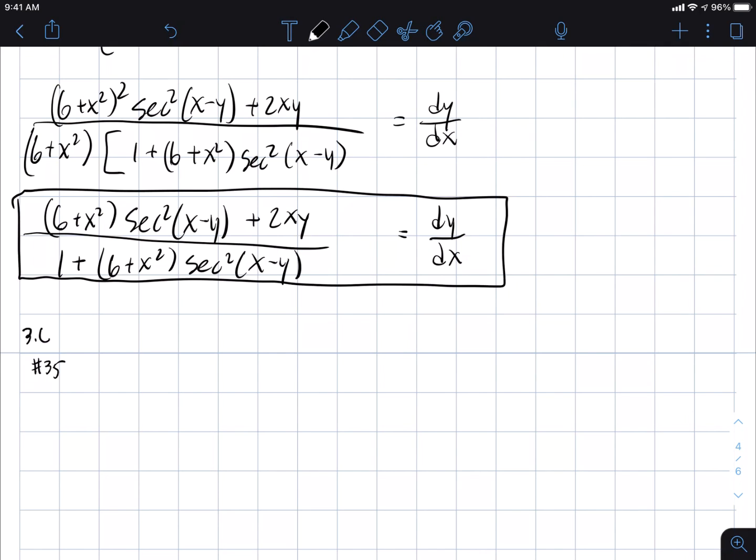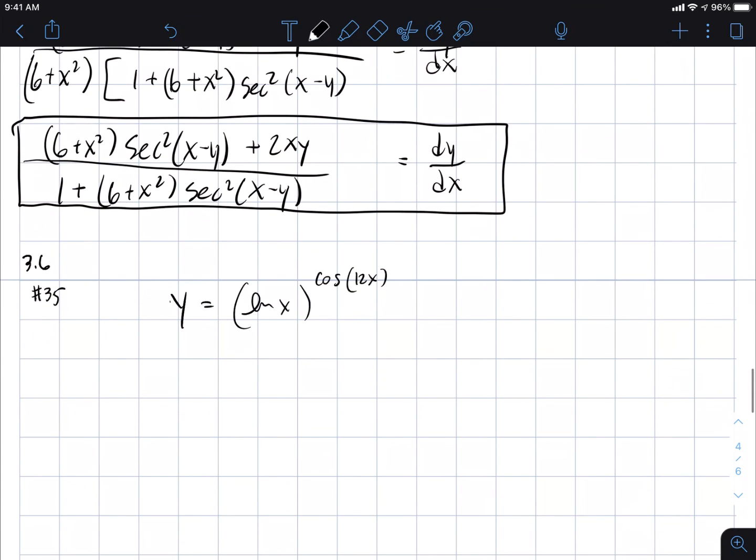This is in 3.6, number 35. It says y is equal to ln of x to the cosine of 12x. So here, I'm going to go ln of y. In fact, I don't even know if I need to do this.